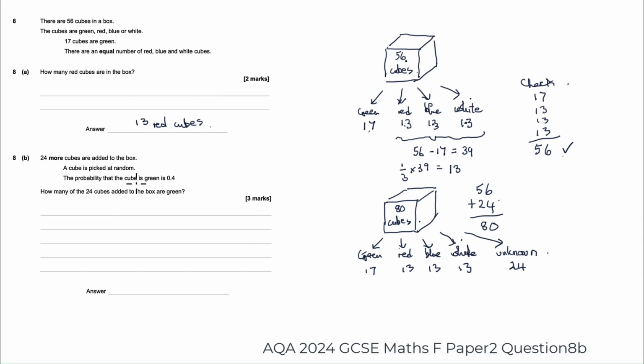Now, we're told that if we pick a cube at random out of this, then the probability that that cube is green is 0.4. So the probability of a green cube coming out of that box is 0.4. That's 4/10.